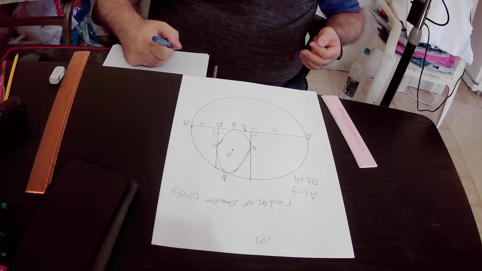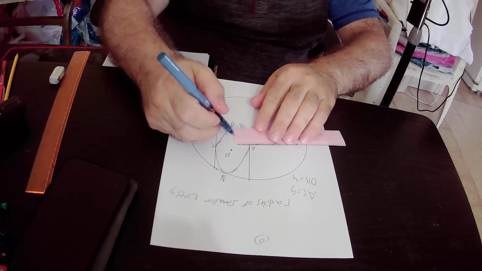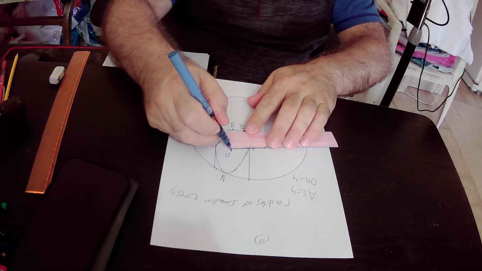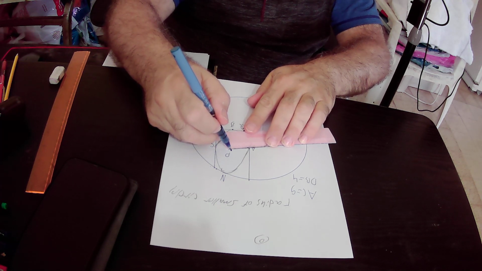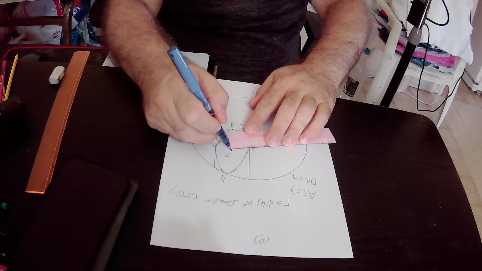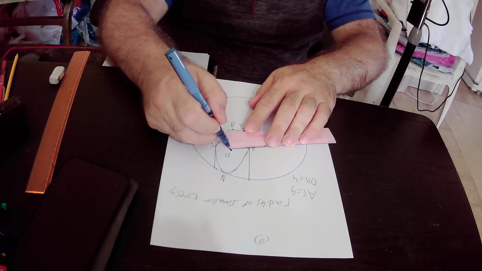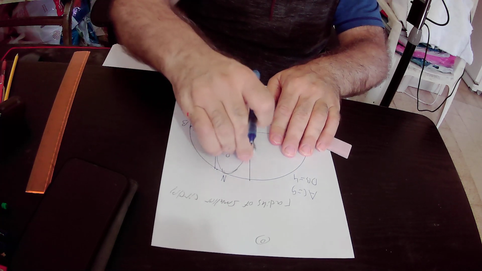And then we will draw a radius to the touching point of the tangent to the circle.